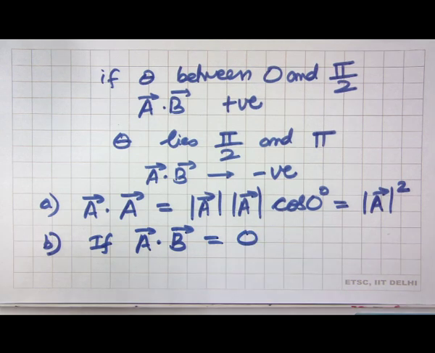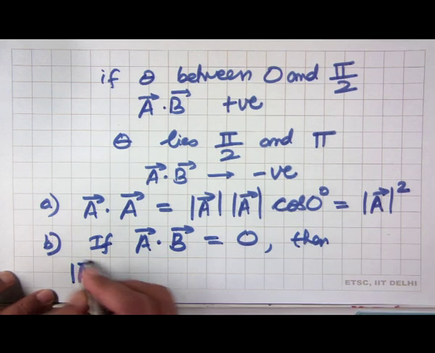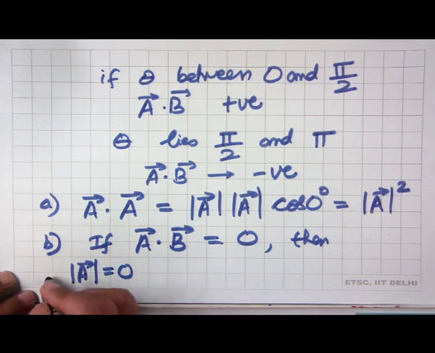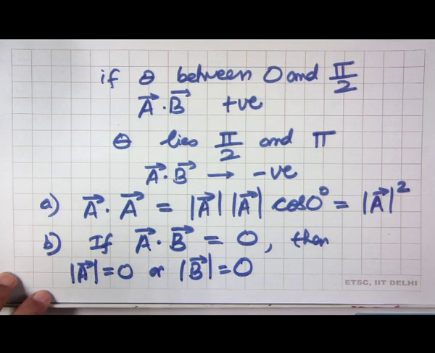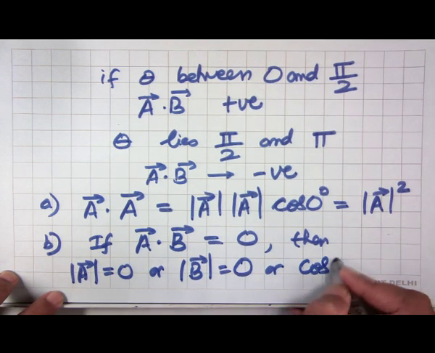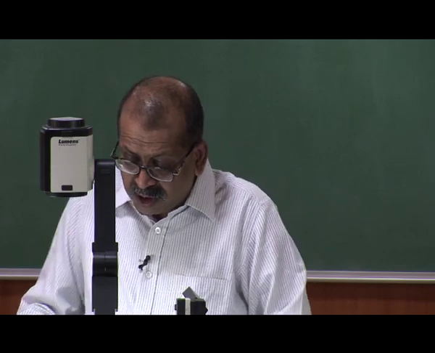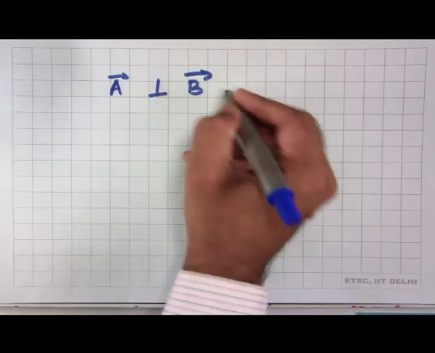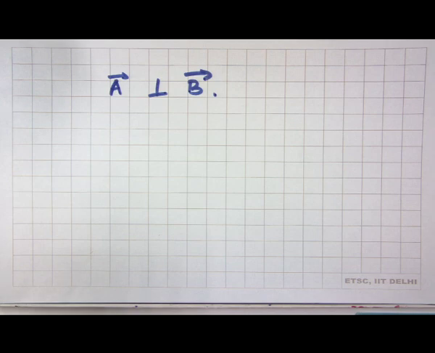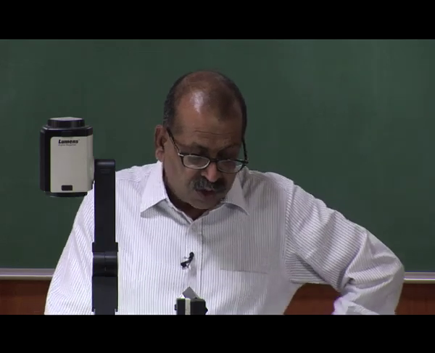The second thing, let us see, if A dot B is equal to 0, then what we see is either magnitude of A must be 0 or magnitude of B is 0, but we can call these trivial cases. If that is not so, then cosine of theta must be equal to 0, and for cosine of theta to be 0, this will give us that vector A has to be perpendicular to vector B. So if the dot product is 0, then the two vectors have to be perpendicular if neither of them is 0.